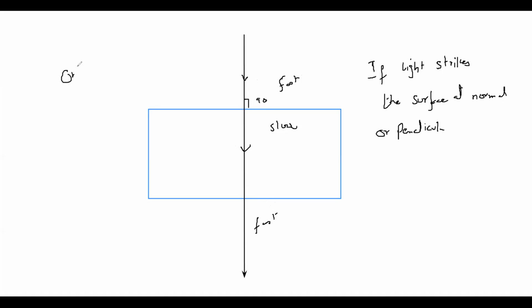So only in this case will speed change, but the direction will be unchanged. Whenever it strikes along the normal, there is no change in direction. But this is also called refraction because the definition of refraction is the property of a wave to change speed when it travels from one medium to another.